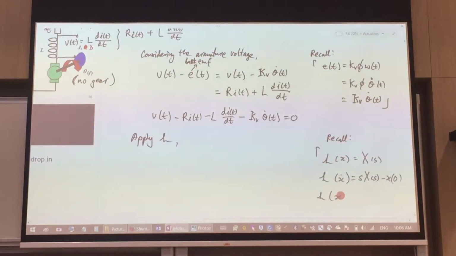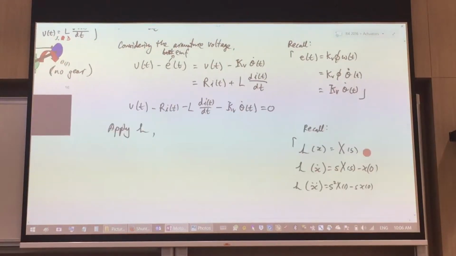The Laplace transformation of x double dot will get me s squared X(s) minus s x naught minus x dot naught. A quick revision of that Laplace transformation equivalent, so I'm going to make use of that.